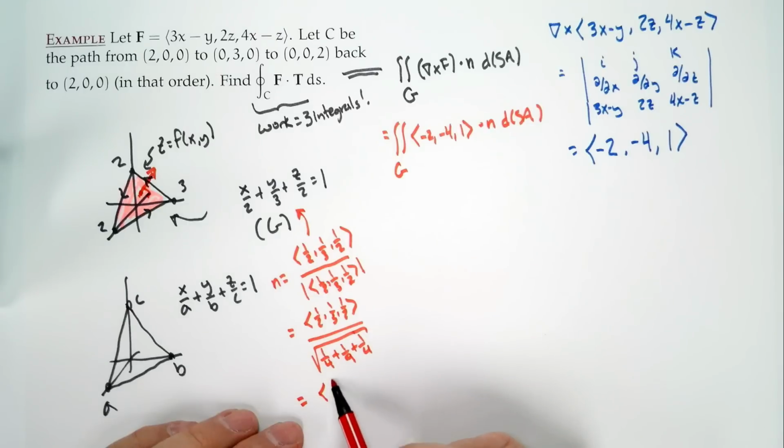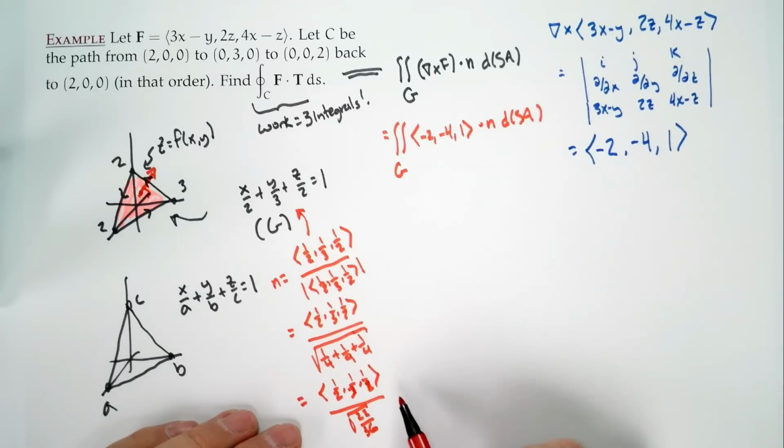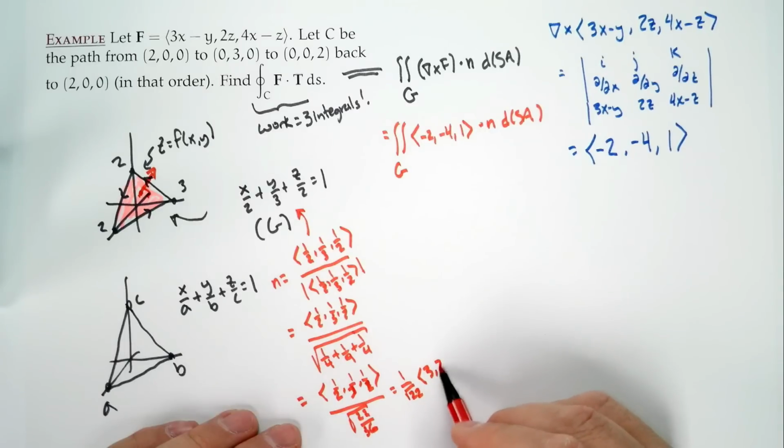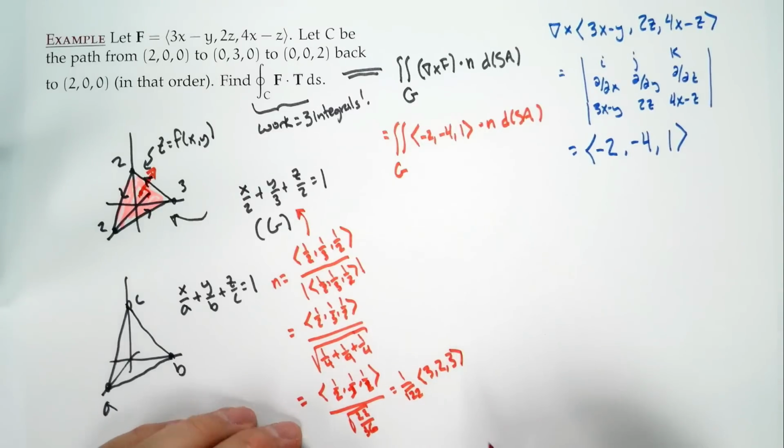So we end up with 1/2, 1/3, 1/2 over, underneath here, you add those up, you get the square root of 22 over 36, which means, well, that's really a square root of 6, so multiply. So this is 1 over square root of 22 times 3, 2, 3. All right, so that's our n. That's our n.